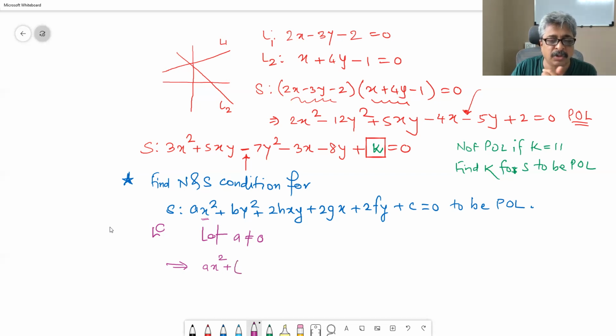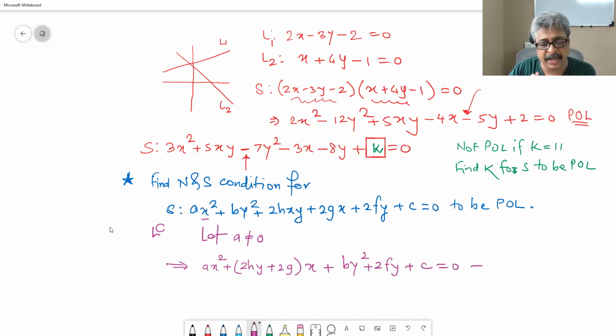So what is the coefficient of x now? 2hy plus 2g times x, and then what is the constant? by square plus 2fy plus c is equal to 0. This is quadratic in x.